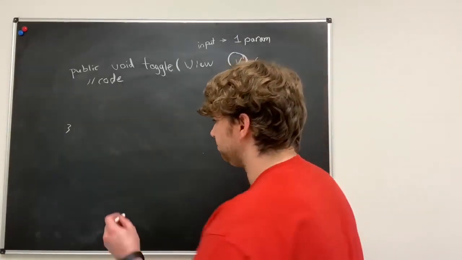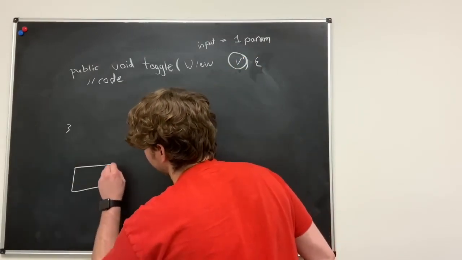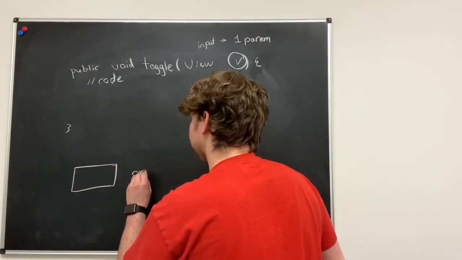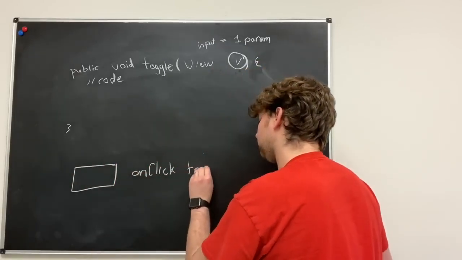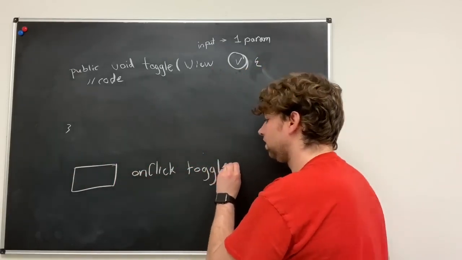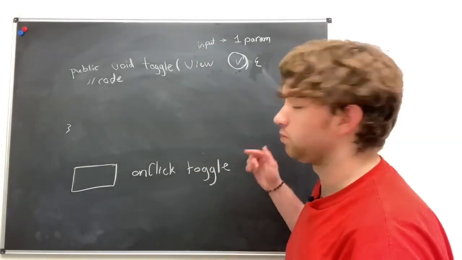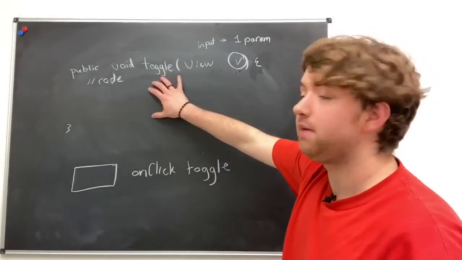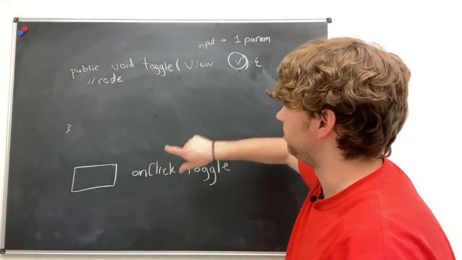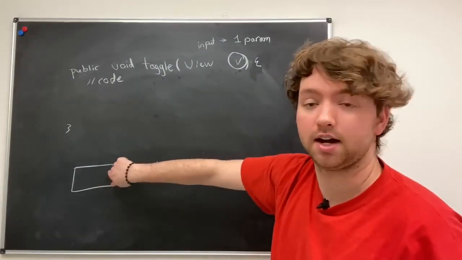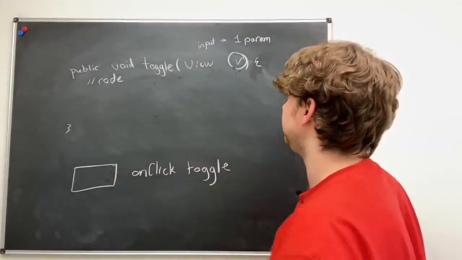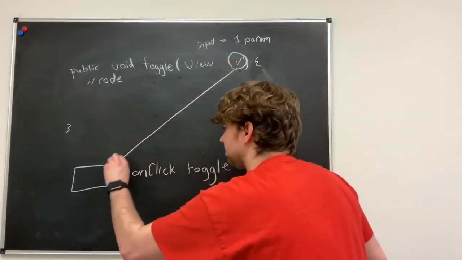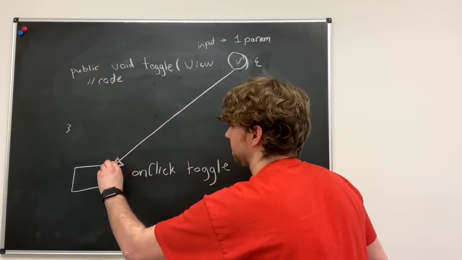Well, when we have a button, and we set the on click to something like toggle, well, what happens here is when we click it, this method is executed, and this button itself is assigned to this variable. So when we click this button, V refers to this button here.